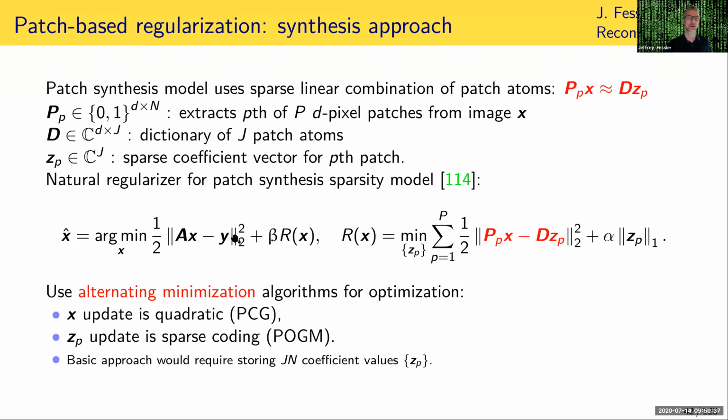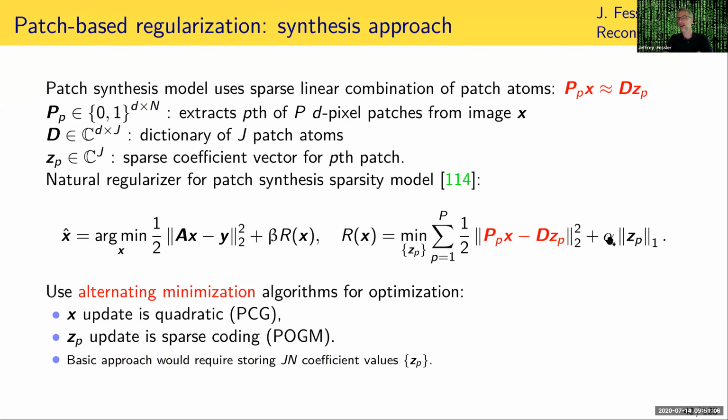That's, as usual, two terms, a data term, and then a regularizer where the regularizer says, I expect each patch to be close to a linear combination of atoms from a dictionary where I expect the coefficients in that linear combination to be sparse. So I'm going to be minimizing over the set of possible coefficients. Plausible patches are those where this term is small, that there exists some sparse set of coefficients that can represent it. And this parameter alpha is pretty important.